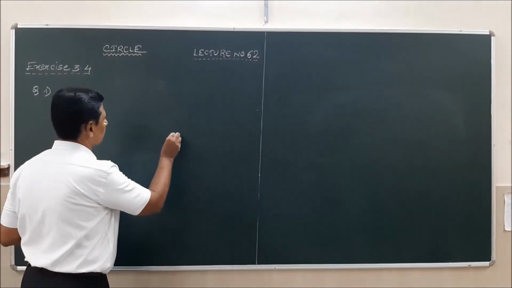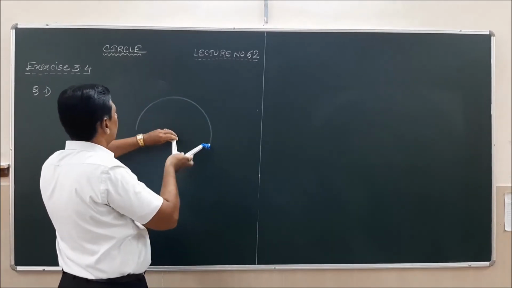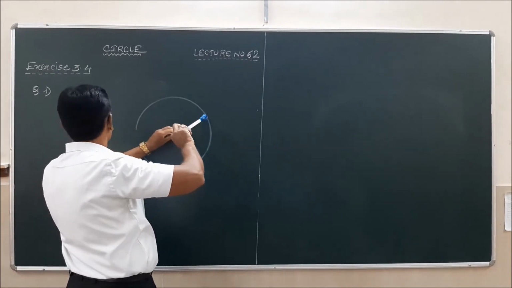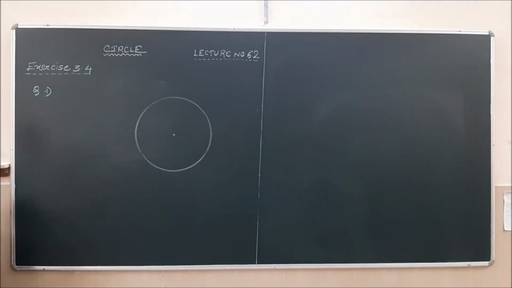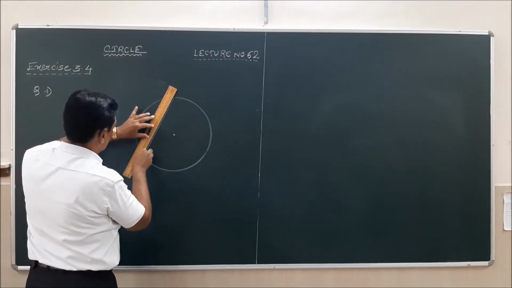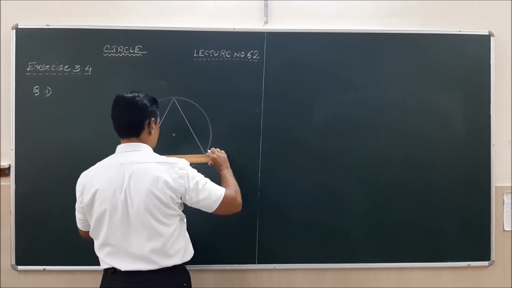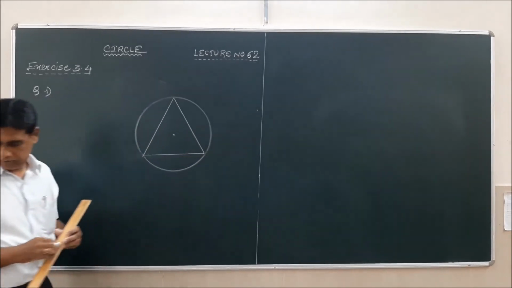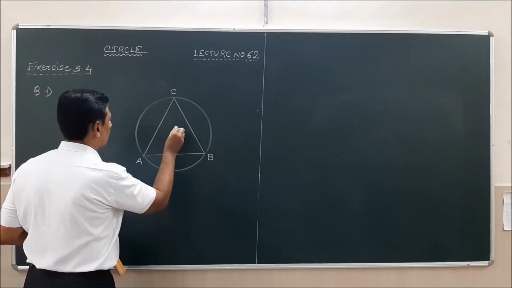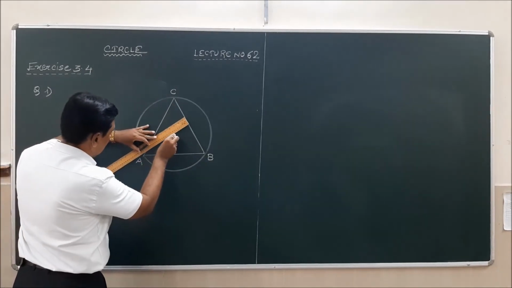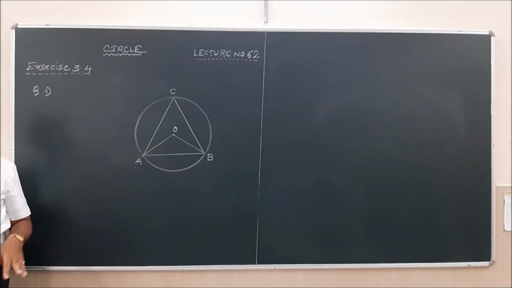In question 1, a circle is given. The center of the circle is O. Okay, now please look at this figure.